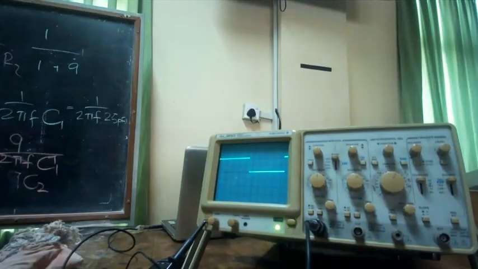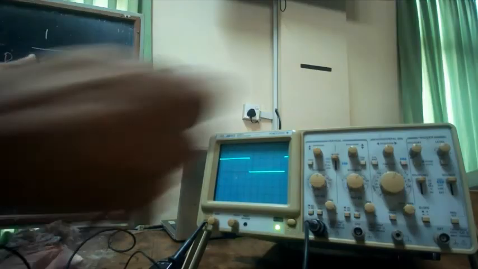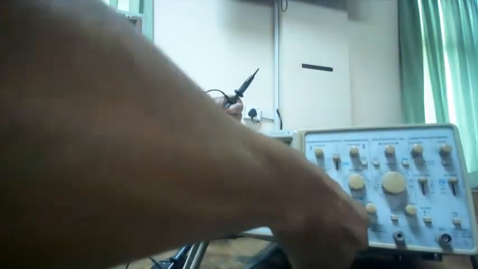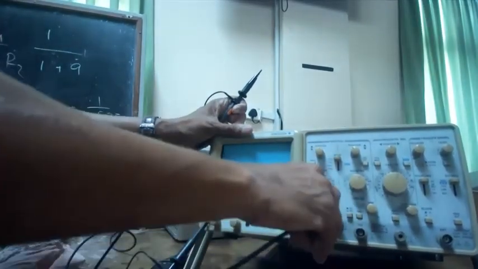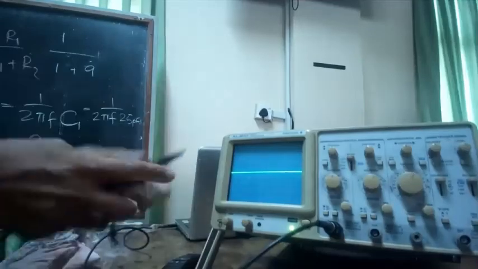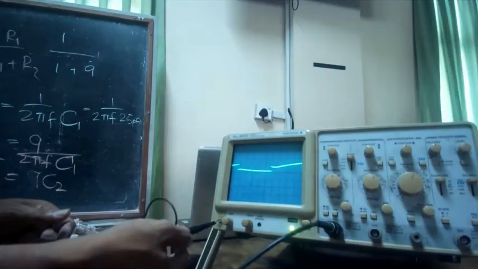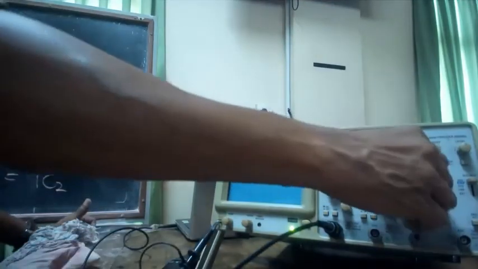But what happens is, probe tune. This is something that I think we have not tuned. Let me use another probe. This is better, right?